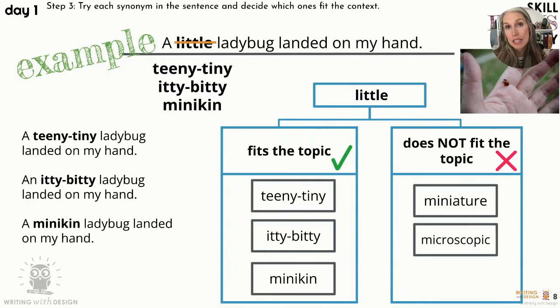It really is going to help you remember that these 3 words are powerful to talk about little things like a ladybug. So here we go. A teeny tiny ladybug landed on my hand. An itty bitty ladybug landed on my hand. A minikin ladybug landed on my hand. Okay, so we're just practicing reading all 3 of them.